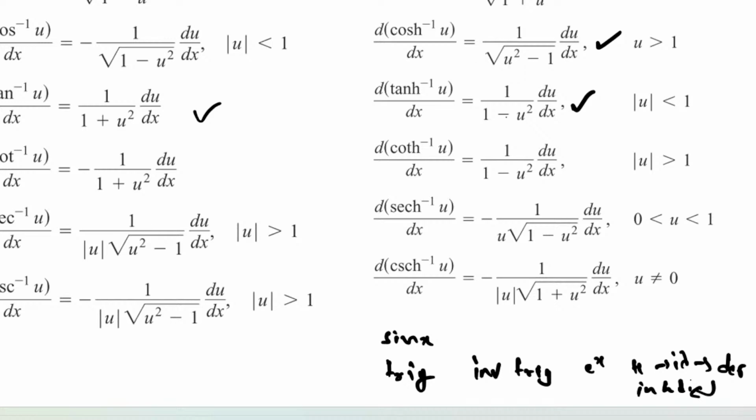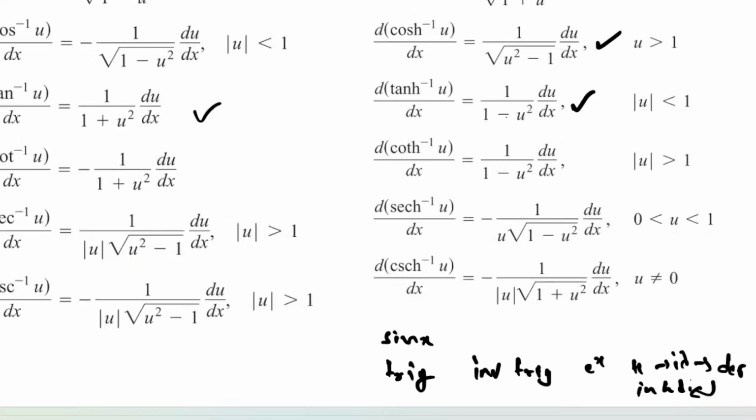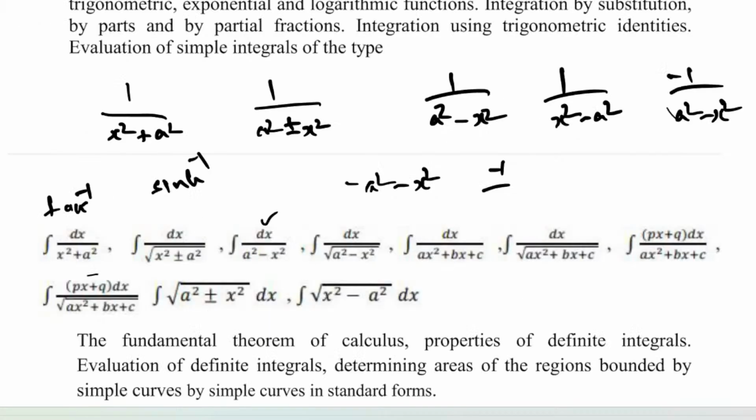So what we are saying, this is tan inverse. This, a square plus x square, is sin h inverse, and x square minus a square is cos h inverse. And a minus x into a plus x will break into two parts and we'll get the log a by b format.